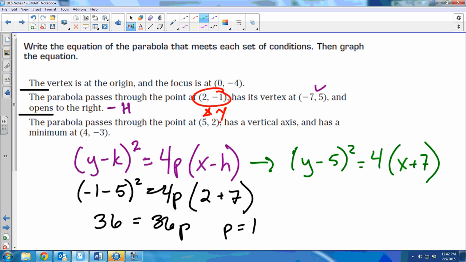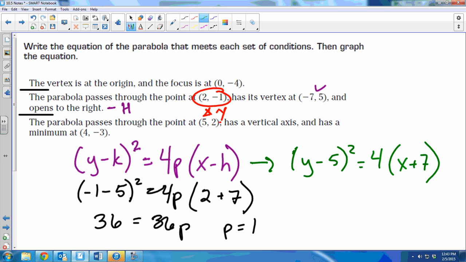Okay, questions on the second one? I'm not going to do the third one, but I do want to make a comment, so listen very carefully. On the third one, it says the parabola passes through the point 5, 2, has a vertical axis, which means that it is vertical, and has a minimum at 4, -3.